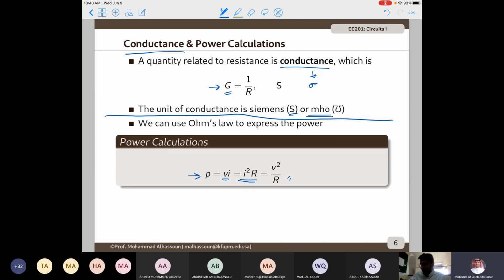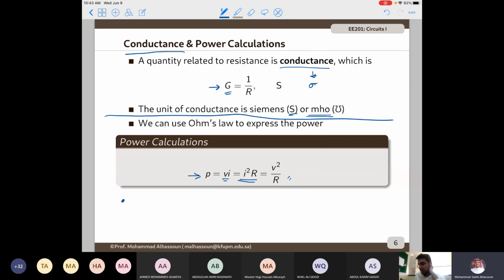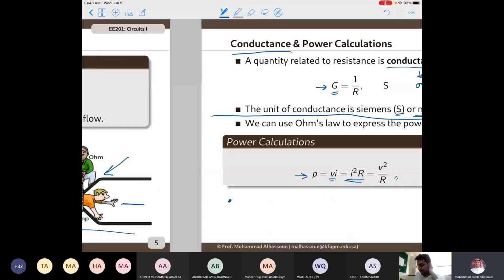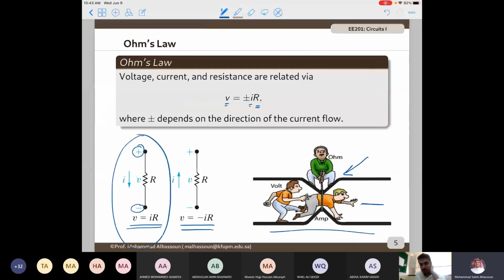Let's derive it. Again, we can use one of the two conventions. The first one is we assign a positive voltage if the current is flowing from the higher potential to the lower potential. Let's derive this equation using this convention.